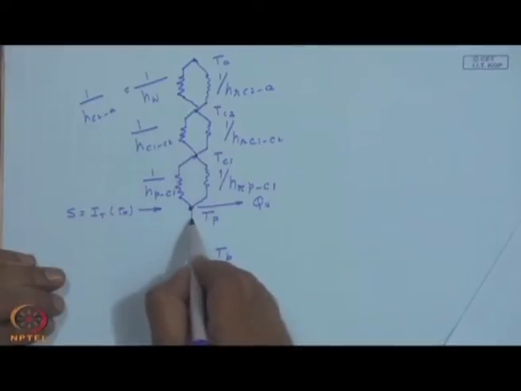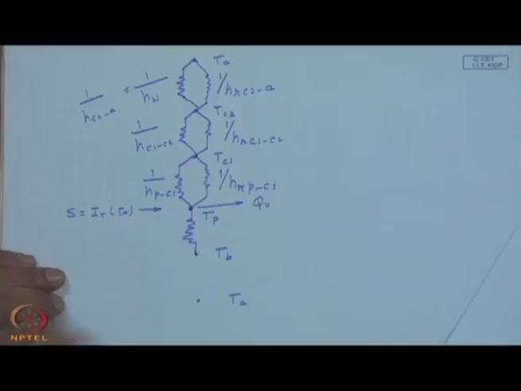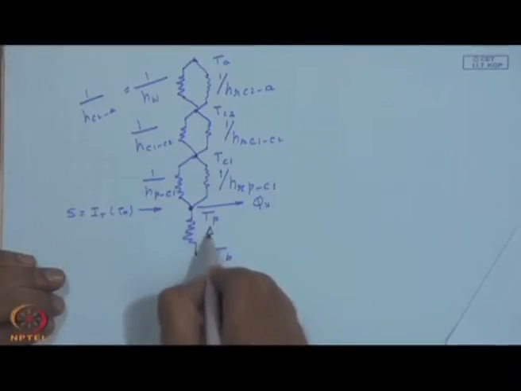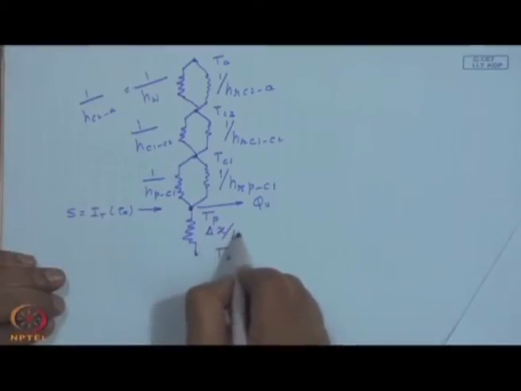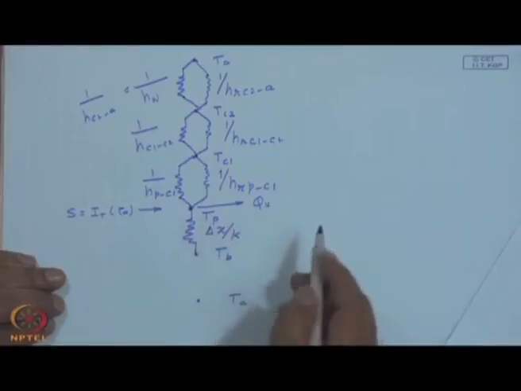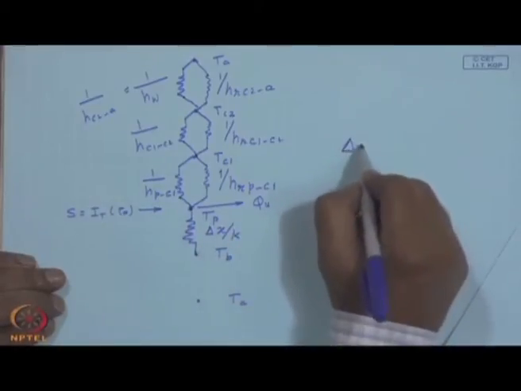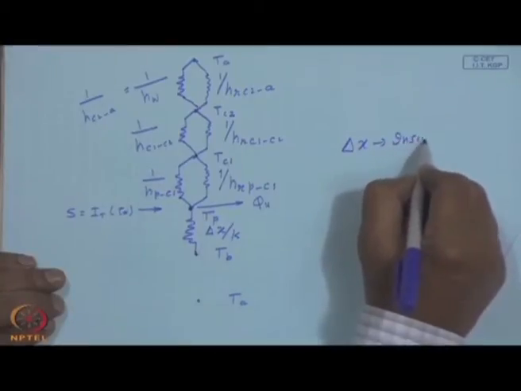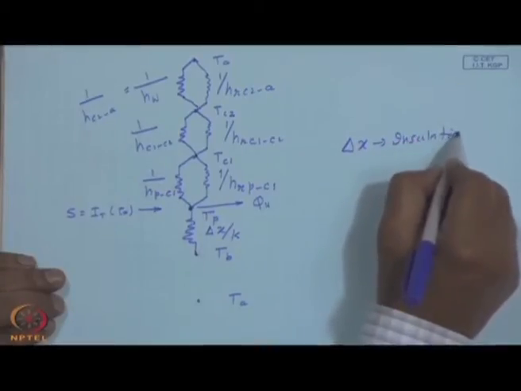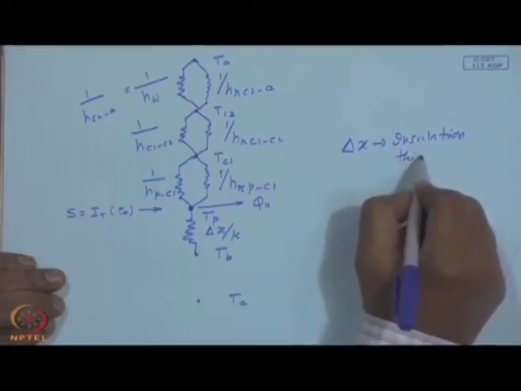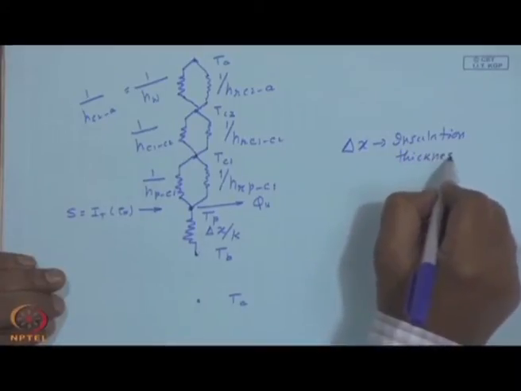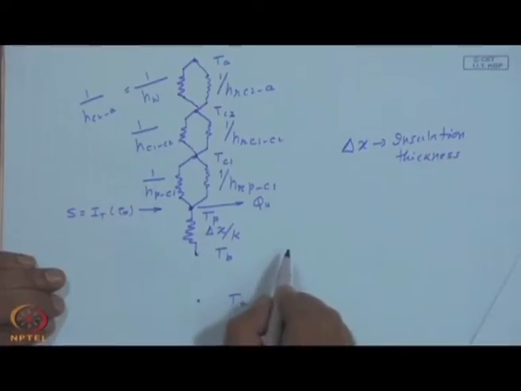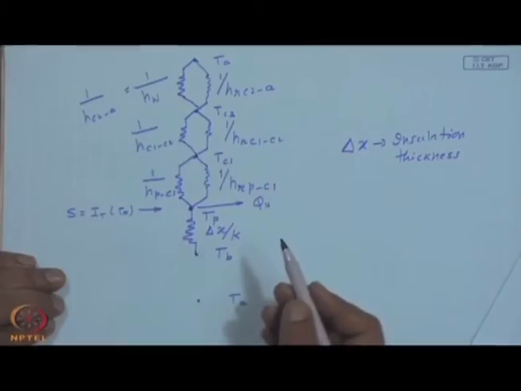At the bottom, there will be simply a conduction given by a resistance of delta x upon k, where delta x is the insulation thickness. Do not be confused with the x direction, it has nothing to do with it, it could have been L by k.